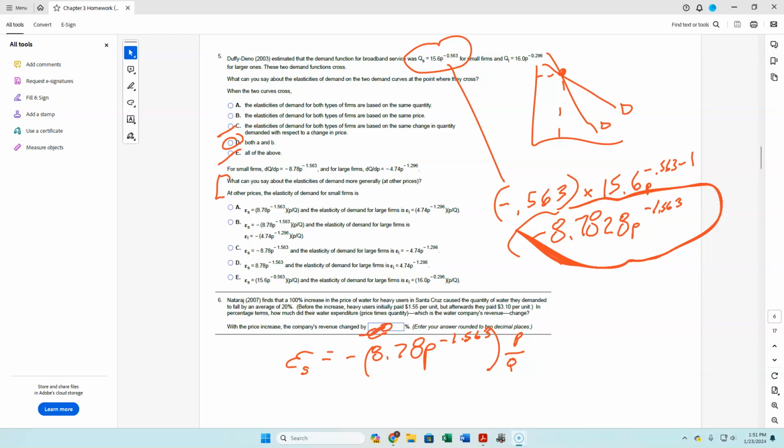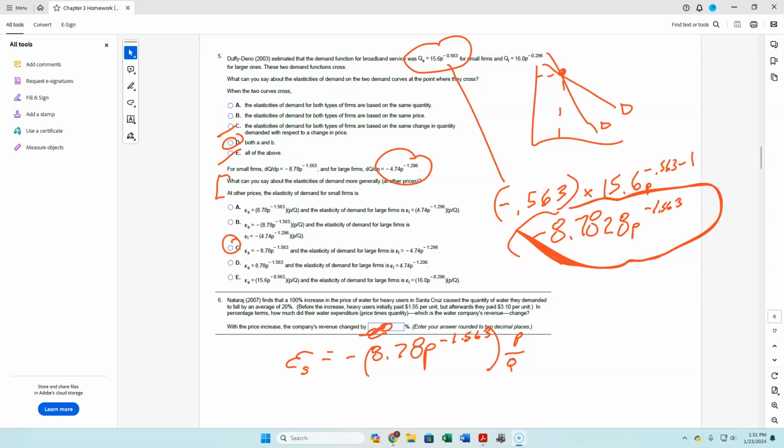And then for the large firms, it's going to be this times p over q, which gets me this option right here.